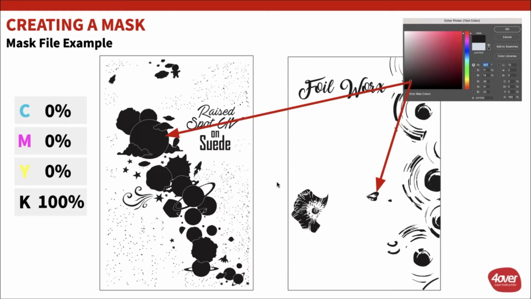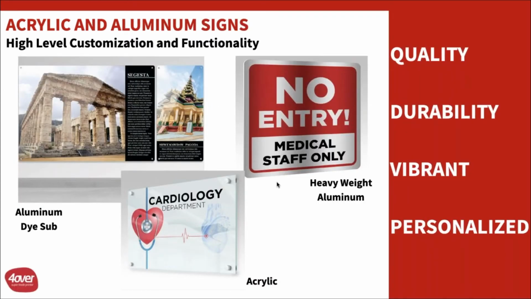Okay. All right. Next up is the acrylic large format side of things. Acrylic and aluminum sides, I want to point out specifically. These are a little bit more advanced types of files and products, so I'll cover them individually as well. But doing these sorts of files, again, brings you up to another level of print for your customers.